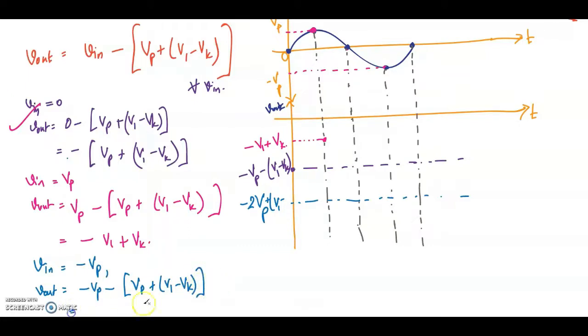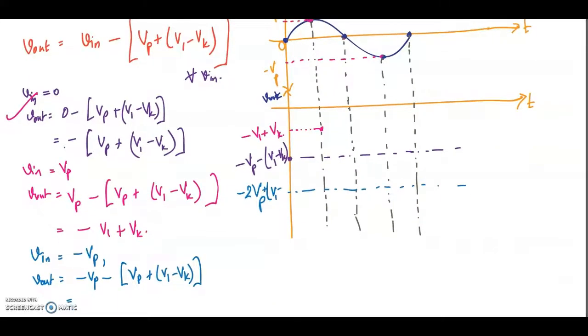That is equal to minus Vp minus Vp, that makes minus 2 Vp, minus of V1 minus Vk. What do you get here? Minus 2 Vp. I'll mark it as minus 2 Vp minus of V1 minus Vk.